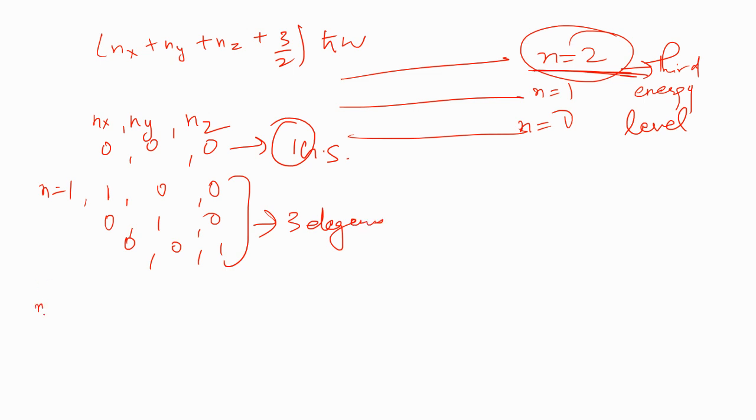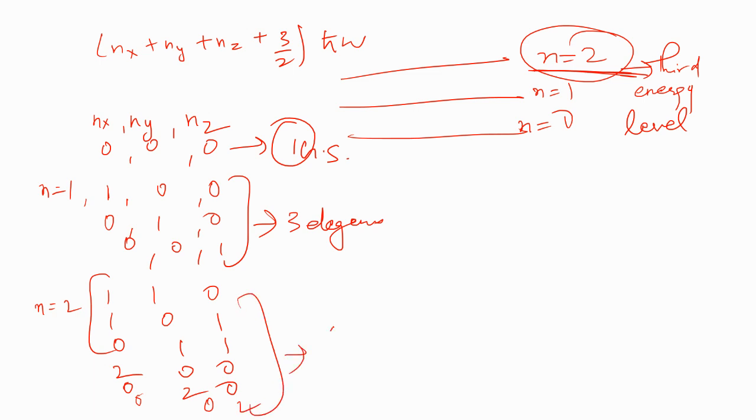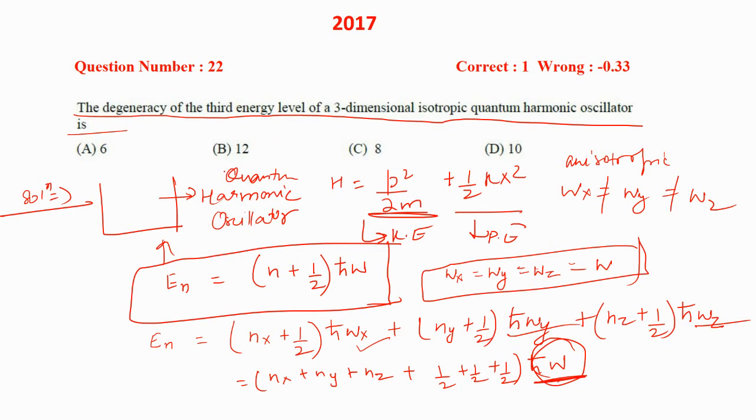For n equals 2, there will be 1, 1, 0; 1, 0, 1; 0, 1, 1; 2, 0, 0; 0, 2, 0; and then 0, 0, 2. How many ways are there? Six ways. So the degeneracy is 6. Clear? So the answer will be 6.